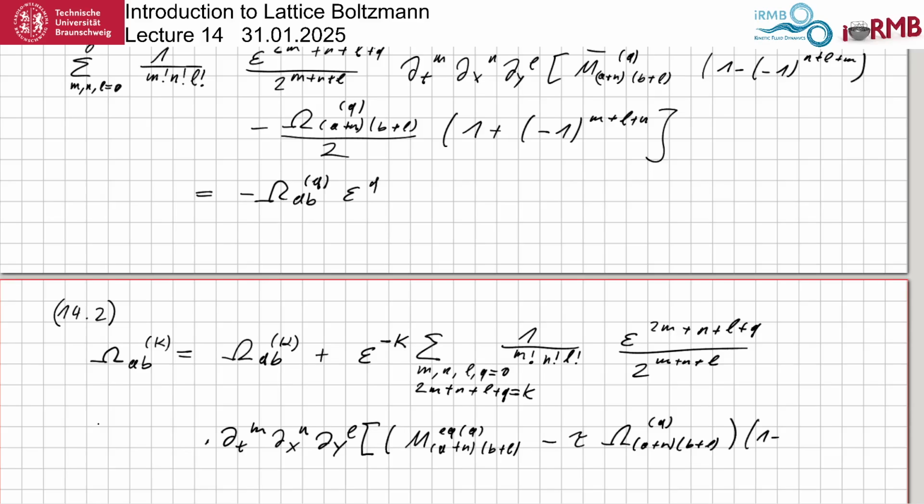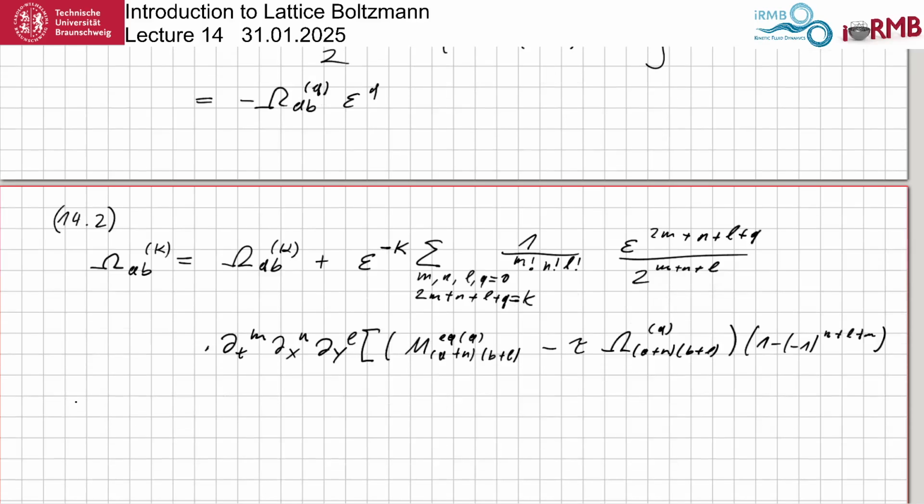This time 1 minus 1 to the power of n plus l plus m minus omega a plus n b plus l, this to the order of q, half 1 plus minus 1 n plus l plus m.